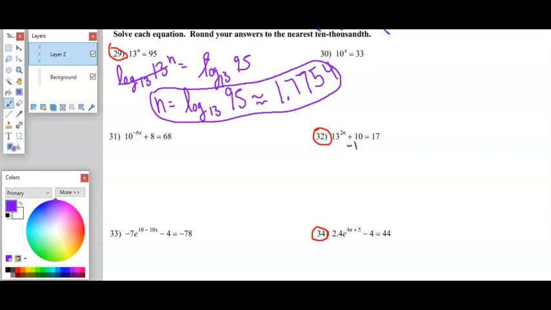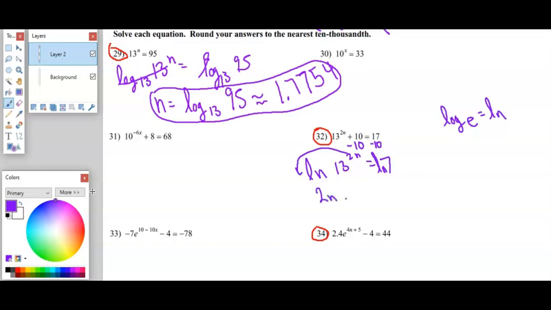So we're going to subtract 10 first. So we have 13 to the 2nth power equals 7. We're going to ln each side. ln is just a log with a base of e.